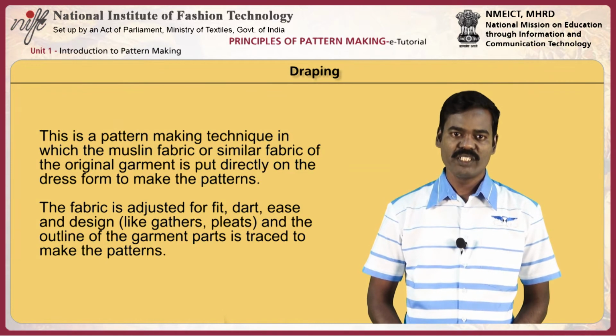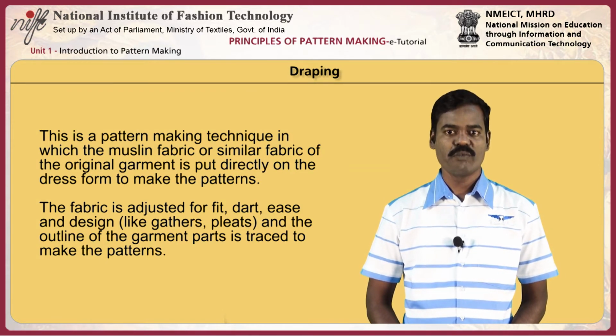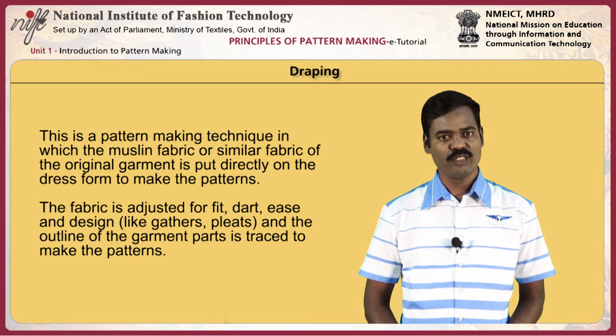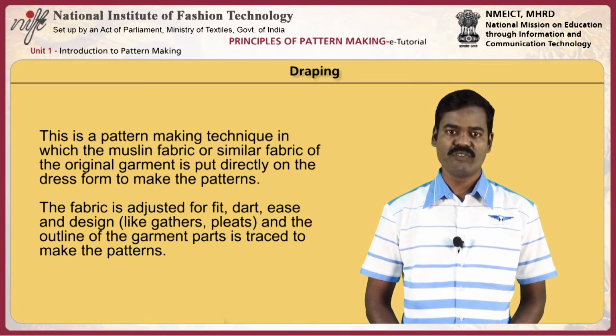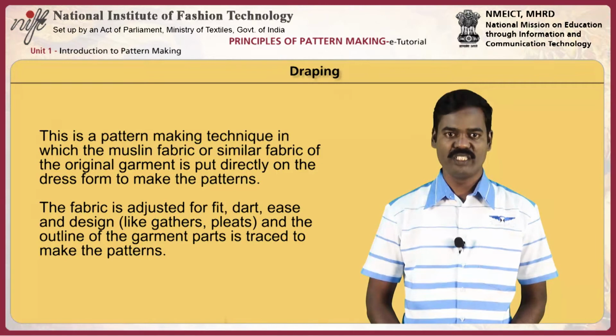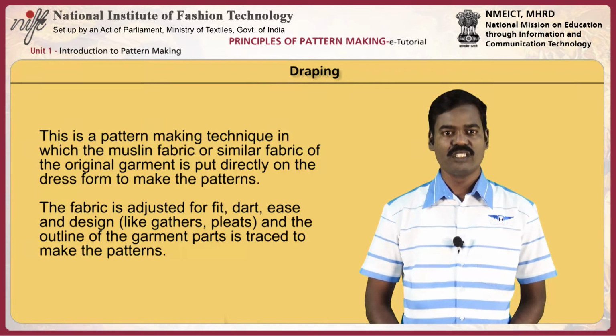This is the pattern making technique in which muslin fabric or similar fabric to the original garment is put directly on the dress form to make the patterns. The fabric is adjusted for fit, dart and ease, and designs like gathers, pleats, etc. The outline of the garment parts is traced to make the patterns.